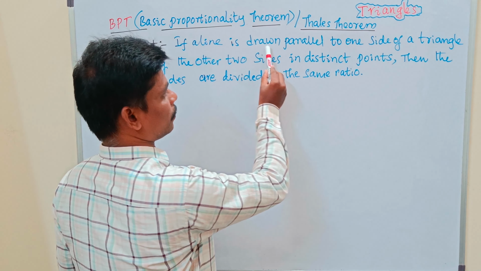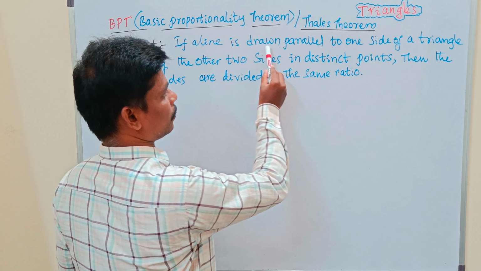Coming to the topic: if a line is drawn parallel to one side of a triangle, suppose we take a triangle ABC, and draw one line DE parallel to BC.